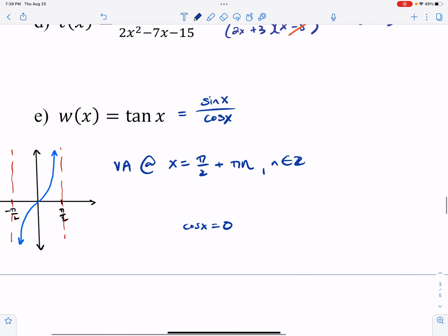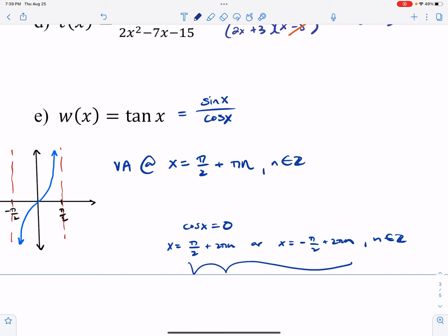So it would end up being x equals pi over 2 plus 2 pi n, or x equals negative pi over 2 plus 2 pi n, where n is an integer. Both of those statements together could represent all the vertical asymptotes, but they could be combined into this. So that's better. And you should know what tangent looks like, right?